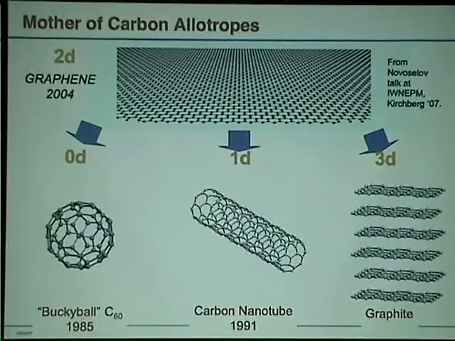The other two dimensions are small, so it's one dimension. And graphene itself is two-dimensional, because it's long in two of the dimensions, but has a very, very tiny thickness. And then we can stack it up to form graphite. This is a C28, which I just made.